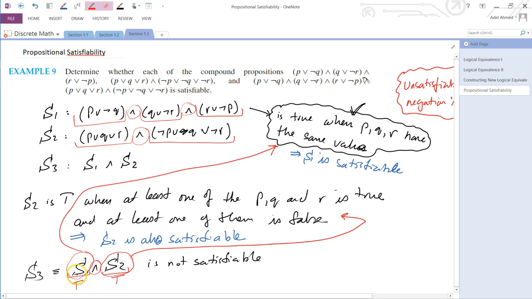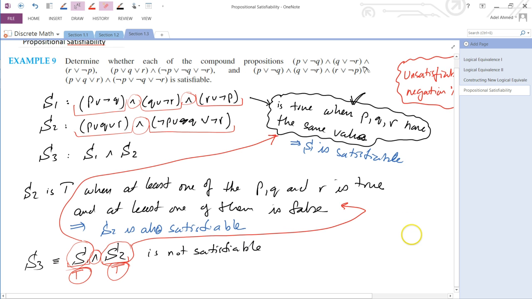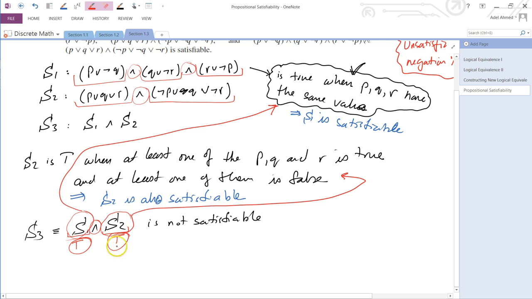So if we try to satisfy S1, S2 is not going to be satisfiable, and if we satisfy S2, then S1 is not going to be satisfiable. So in both cases, we're not going to end up with true for both values. This means that the conjunction of this is always false, and hence S3 is not satisfiable.